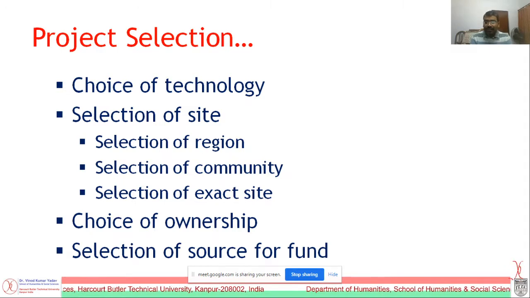Then you have choice of ownership. If you want to establish a BPO business, which choice of ownership should you go for? We have already discussed this choice of ownership.